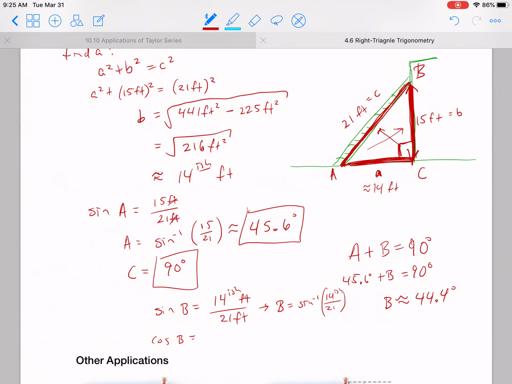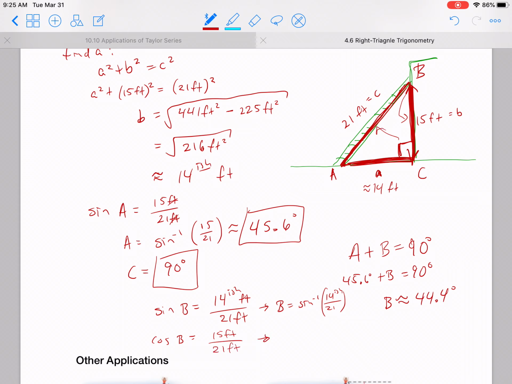the way, I'm looking at this. Sorry, I didn't point this out. Sine of B would be the opposite side from B, which is that 14, over the hypotenuse. And then the cosine of B would be the adjacent side, the 15 feet, which we know exactly, over the hypotenuse, which would be the 21 feet.